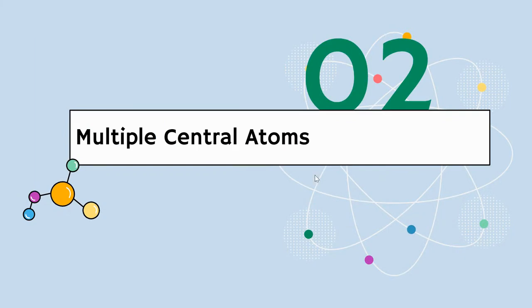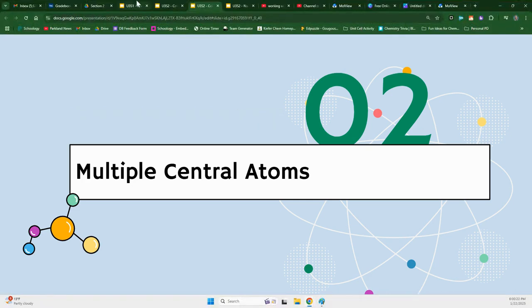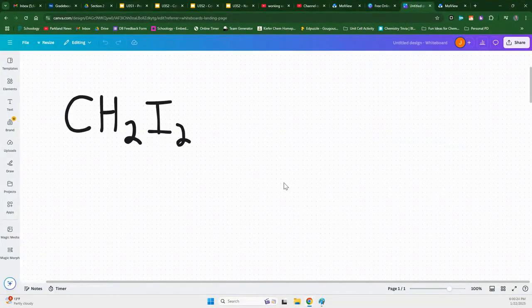Before we head on to our next part of the presentation, let's take a look at some practice problems. So if I head to this whiteboard, I can see that my first practice problem is CH2I2. In this problem, my first step would be to get my valence electron structure for each of these atoms. I'll draw carbon right here.